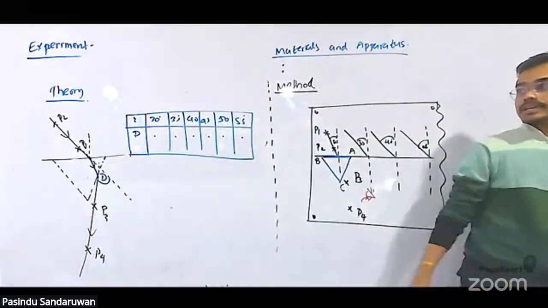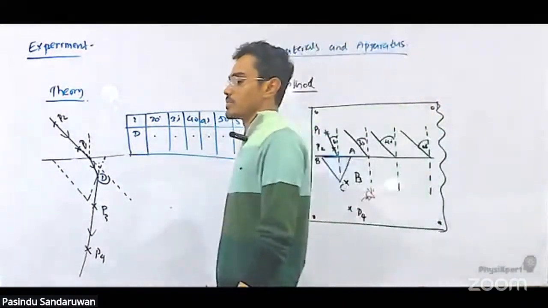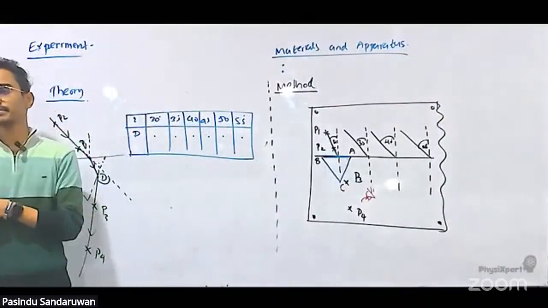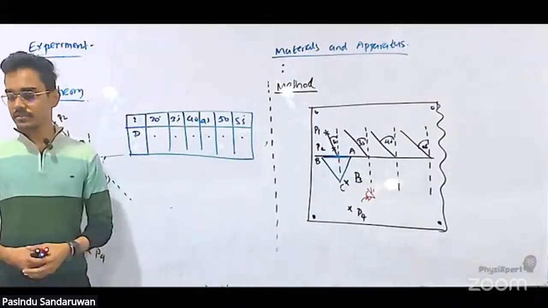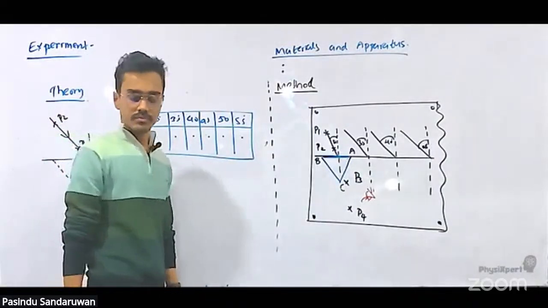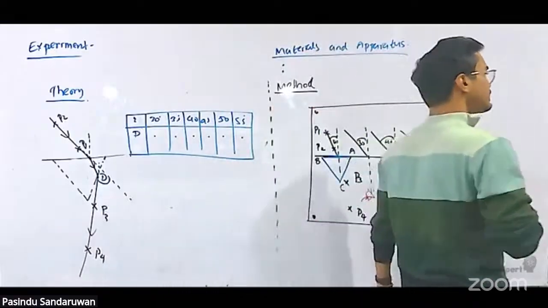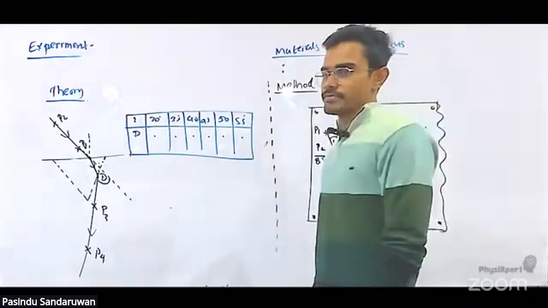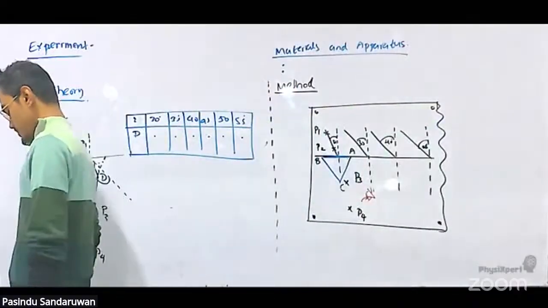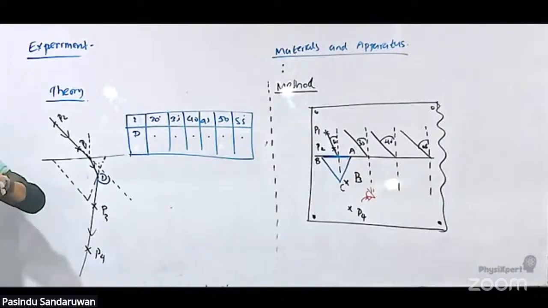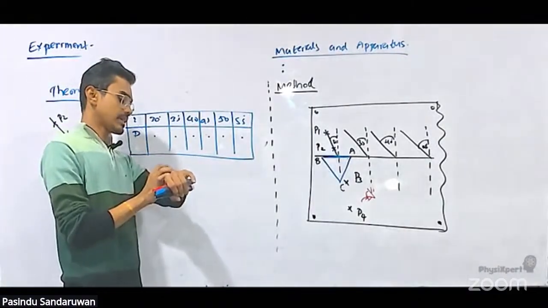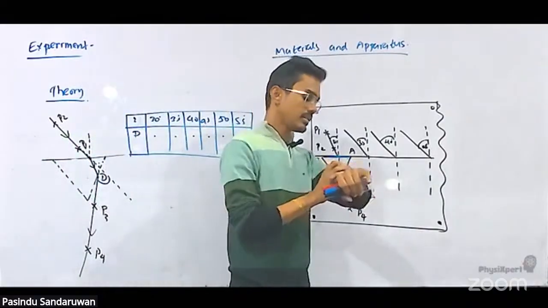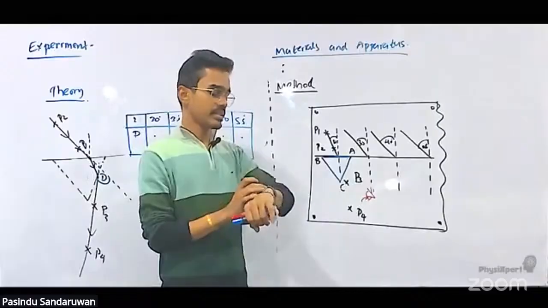Write down first point. Draw a straight line in the middle of white sheet.